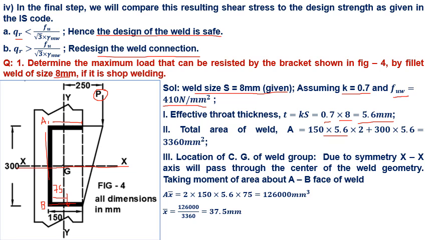The area of weld is 150 into 5.6. There are two times the area because this is one and there is a second weld of the same area, multiplied by 75, which is the distance between CG of area of weld to the AB face. Then we calculate X bar, which is 37.5 millimeter.